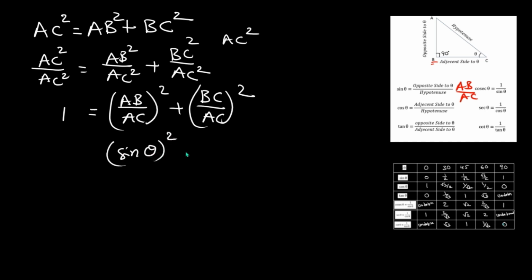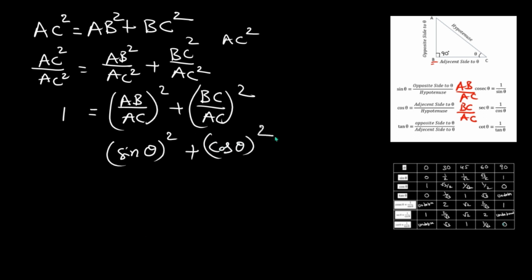Plus, what about BC by AC? BC is the adjacent side to the angle theta, and AC is the hypotenuse. That is cos theta. So for BC by AC we can write cos theta, whole square.